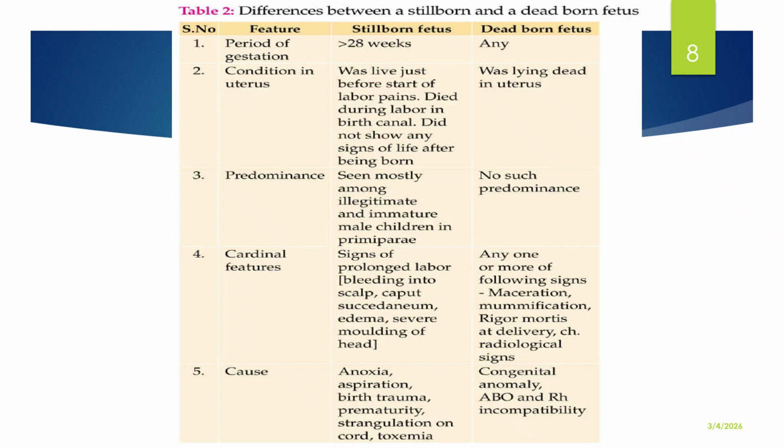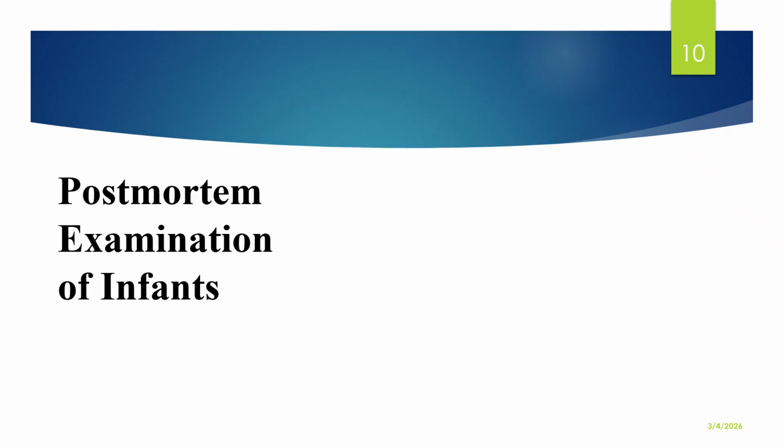Whereas in deadborn, any of the following signs can be seen: maceration, mummification, rigor mortis, and some radiological signs that we'll see later. The causes of stillborn can be anoxia, aspiration, birth trauma, prematurity, strangulation by cord, and toxemia, whereas in deadborn, it can be congenital anomaly, APH, and Rh incompatibility.